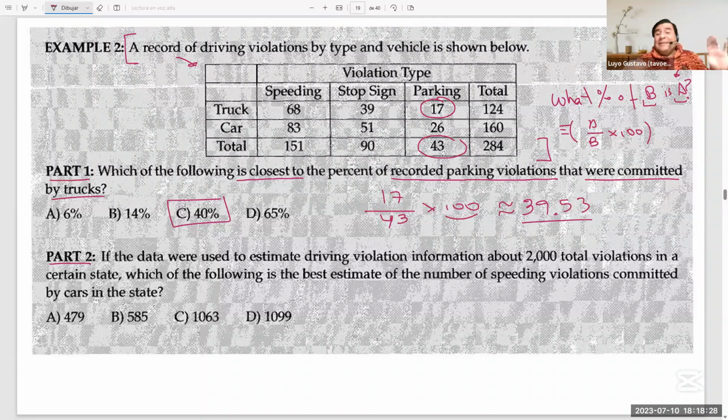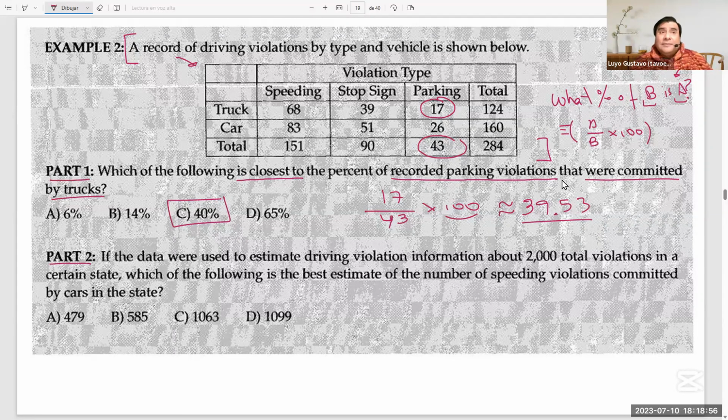Imagine that the table is giving you the information in a sample of a population, for example, a whole state. And then we want to estimate what would be the number of speeding violations out of the number of total violations. Can we try to estimate what that percentage would be in our sample that is in the table above?